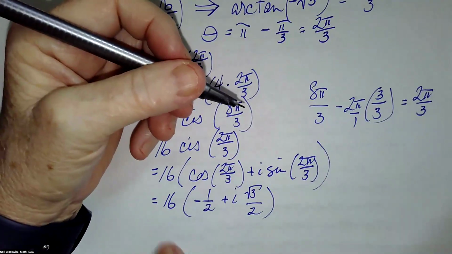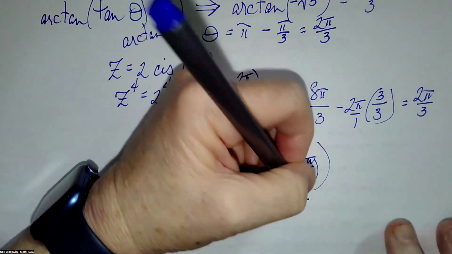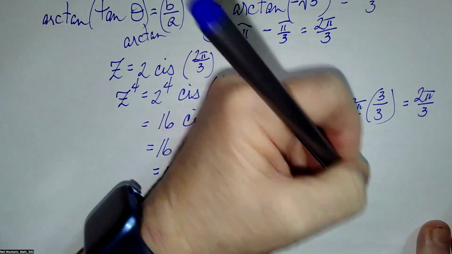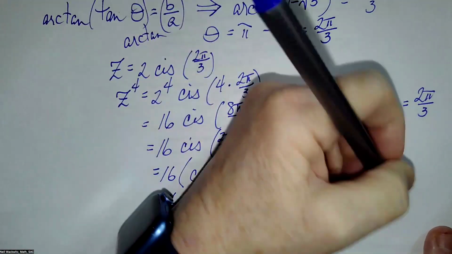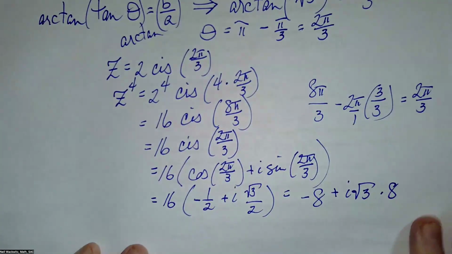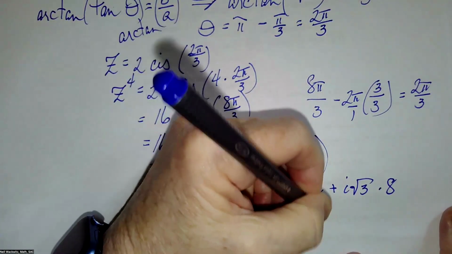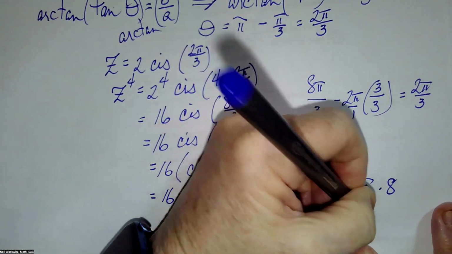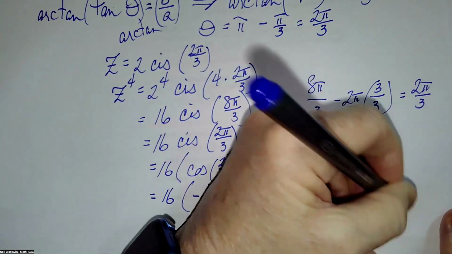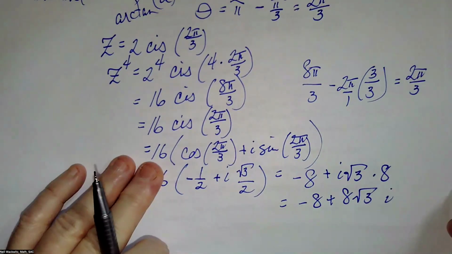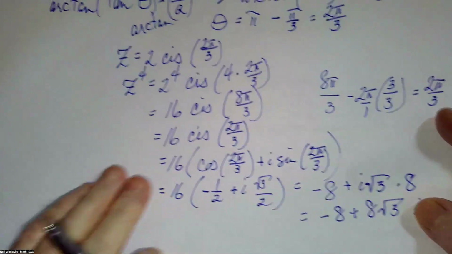And then we can multiply through by the 16, and we get negative 8 plus I square root of 3 times 8. And that's not really the form we like. So it's negative 8 plus 8 square root of 3 I. That wasn't too horrible.